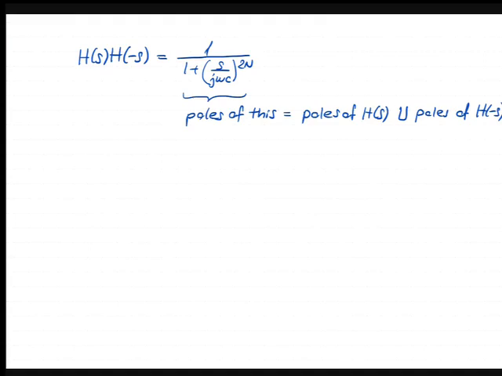So let's find the roots of this polynomial. The poles of this are the roots of s over j omega c to the power 2n equals negative 1. So what are the solutions of this? A complex number raised to a power gives you negative 1. What can you conclude about the roots?